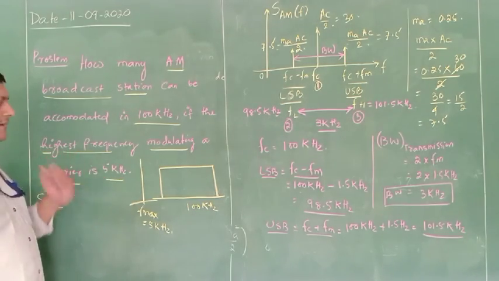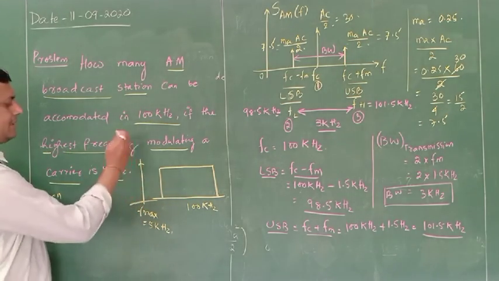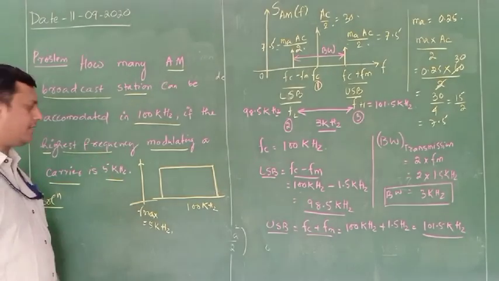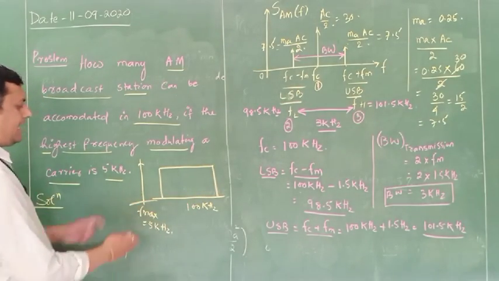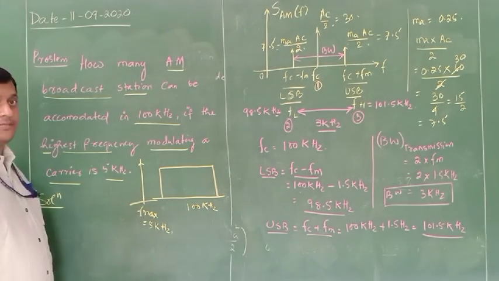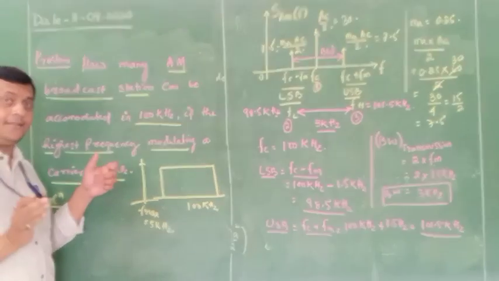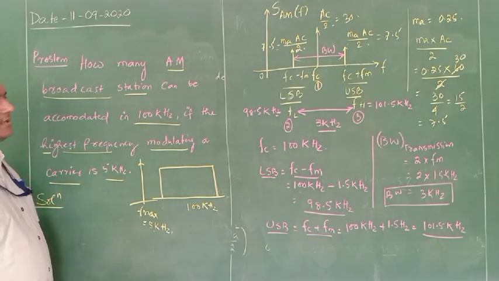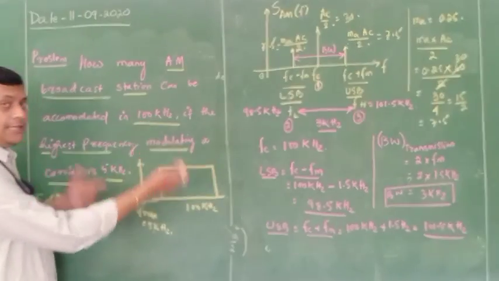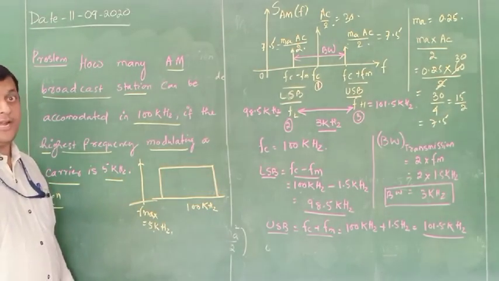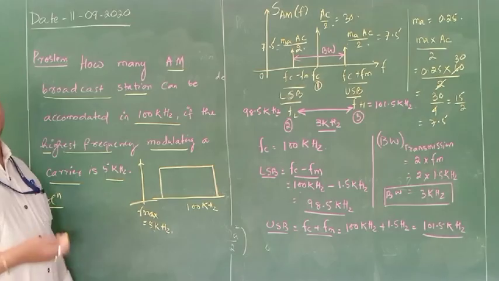This is the F max, the frequency having certain amplitude, and this is the bandwidth of 100 kilohertz. Among the modulating signals, the highest frequency is this 5 kilohertz. So when I modulate it, it will be transmitted in this 100 kilohertz. Okay, and he is asking how many broadcast stations.